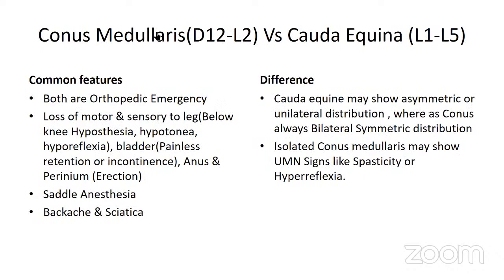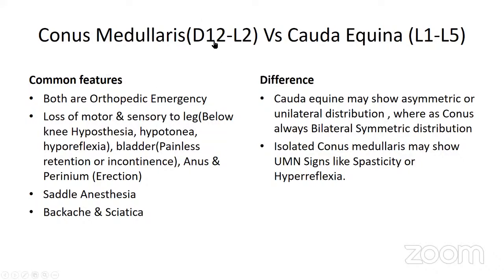Now, how to differentiate between the conus medullaris and the cauda equina? What is the importance? Both are very important medicolegally, because if you miss it, you can become liable and pay a heavy price, as both are orthopedic emergencies. Once it develops, it may not recover. So what is the conus medullaris?